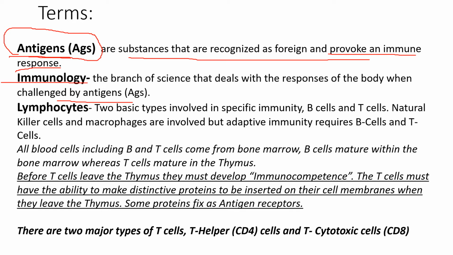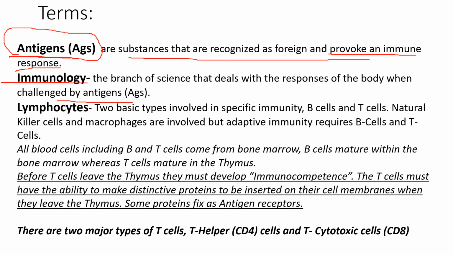And once it invades the tissue, we even have guards on guard duty like the natural killer cells and macrophages. But then we have this specific immunity or adaptive immunity that can now program to make new warriors, so to speak, and helpers designed to go after specific enemies.